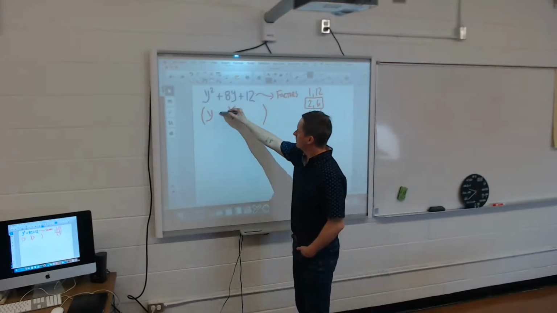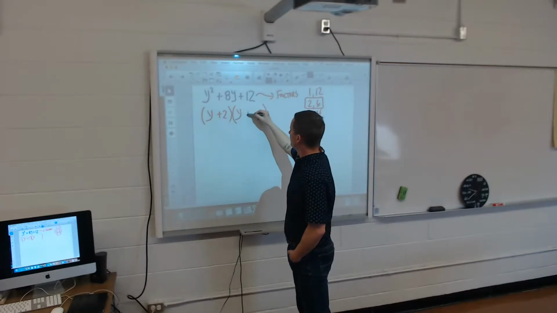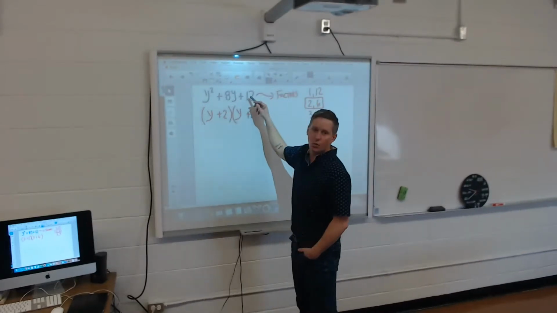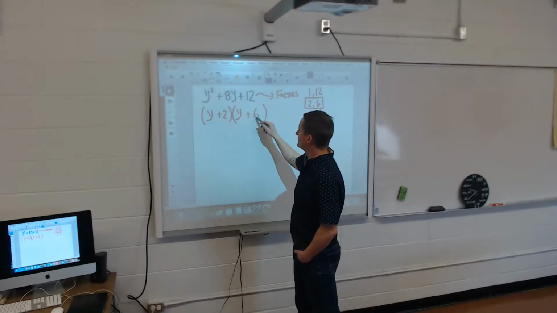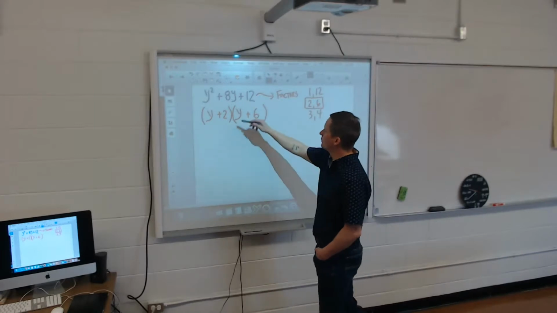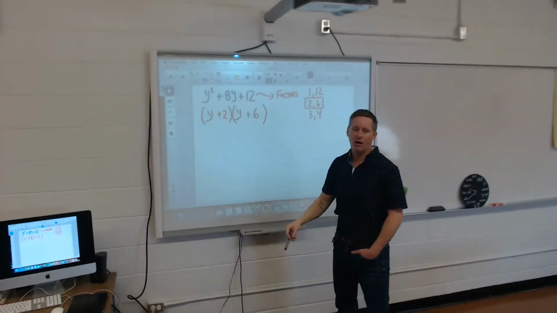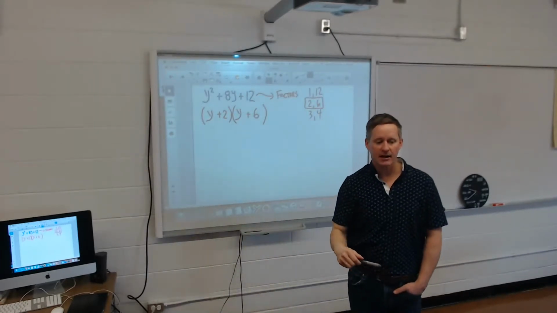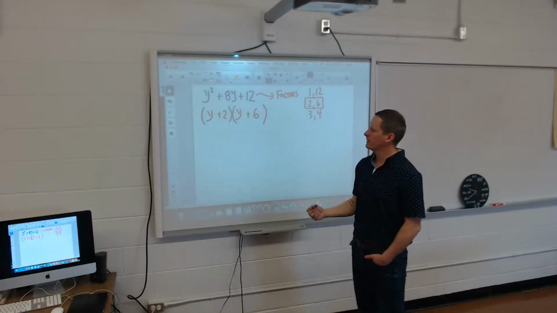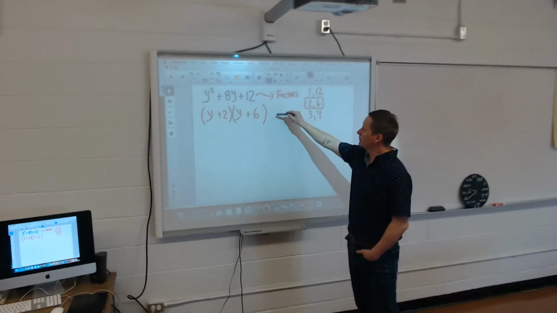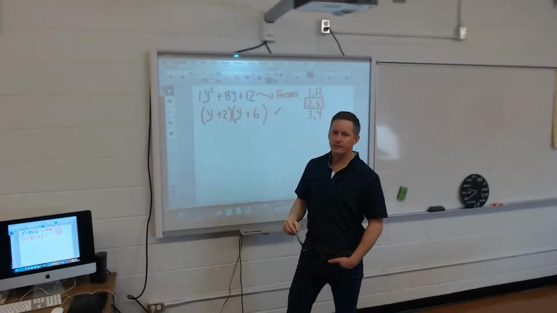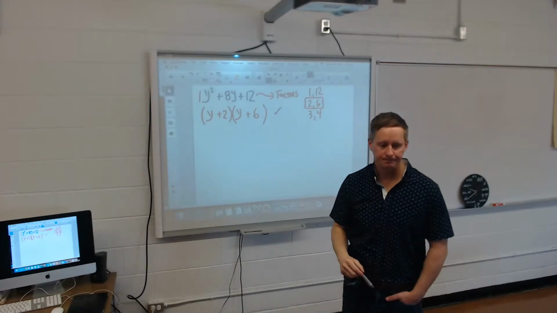So it's plus 2 plus 6. 2 times 6 is 12. Y times 6 is 6y. 2 times y is 2y. 6y and 2y add to give me 8y. So you can see this is actually a very simple, quick method on how to factor, provided my coefficient in front of the y squared is a 1.